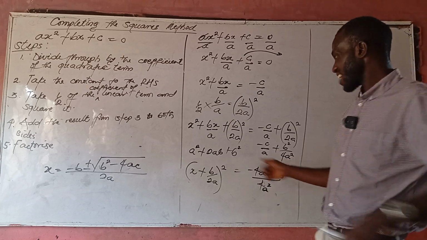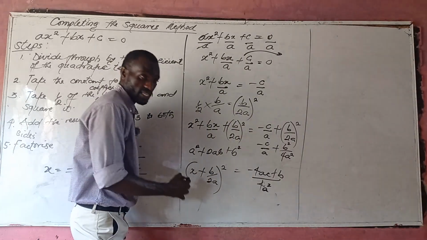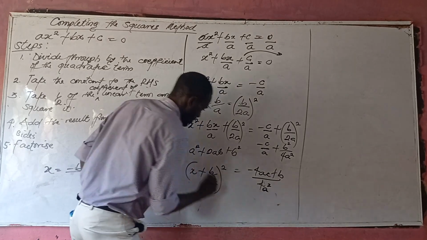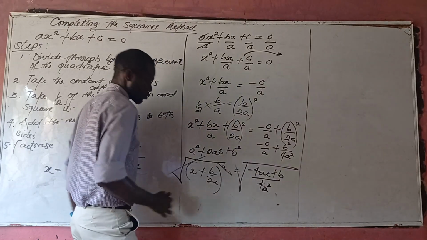Okay. So if that's the case, from here, you can take square root of both sides, right? So we take square root of this place and square root of this place. Square will cancel square root.